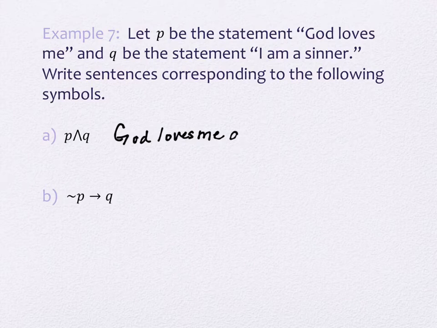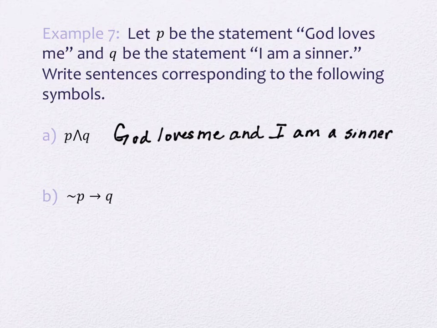It's and. And remember, one of the ways that I told you could remember that is it kind of looks like half of an N, right? The first half of the N. All right, God loves me, and then what is Q? I am a sinner. Okay, so that's the rewritten form with the language for those symbols.